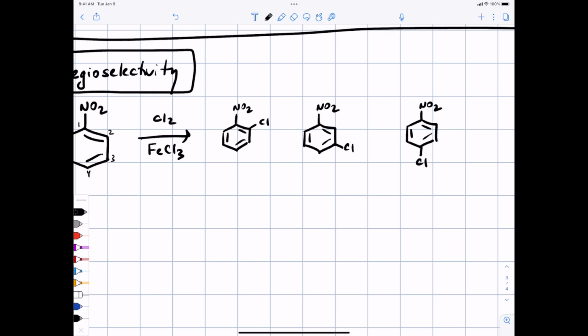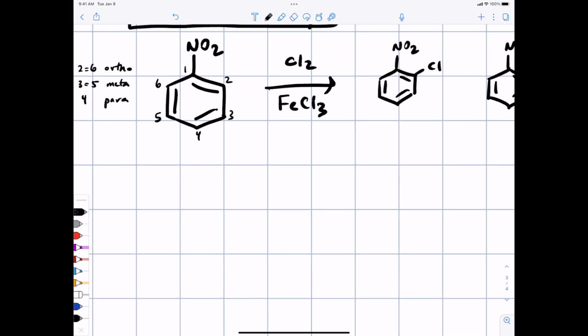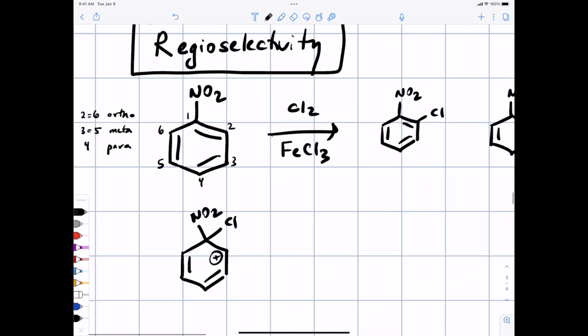Just as an aside, why didn't I put the option where chloro was on carbon 1? Well, we could do that, right? You could do the intermediate that would look like this. But is there any proton to remove to restore aromaticity? Nah. So this is not particularly important, but you'll hear some organic chemists call carbon 1 the ipso carbon.